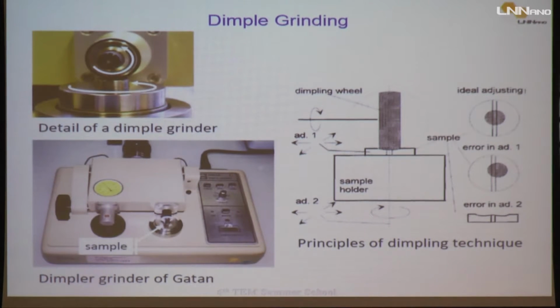And it will rotate in this direction, and your sample will rotate also. And then you have a disc with something rotating here, and the sample itself is rotating also. And then it will go polishing your material and removing this damaged layer.